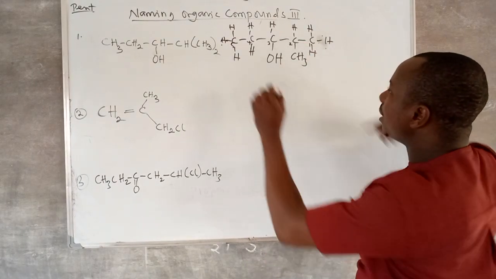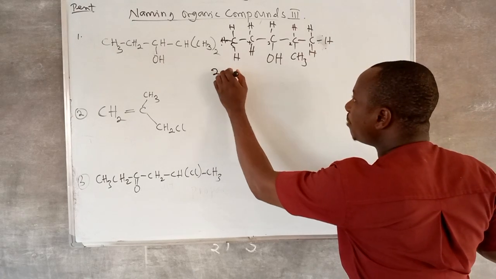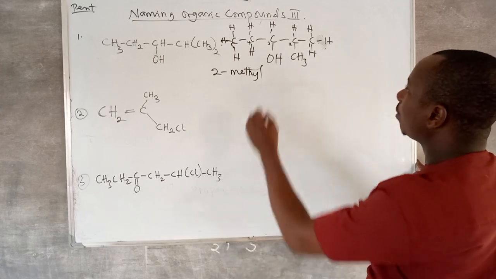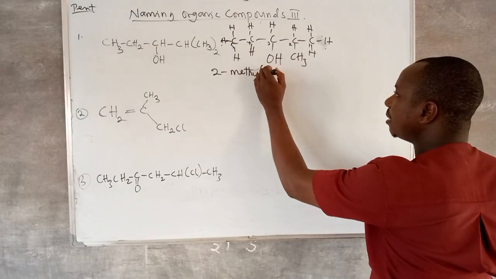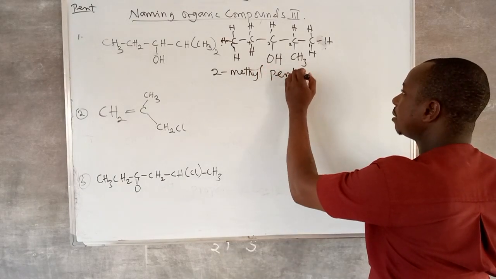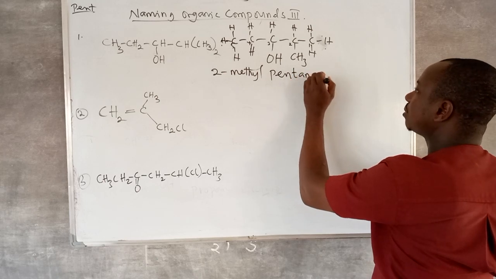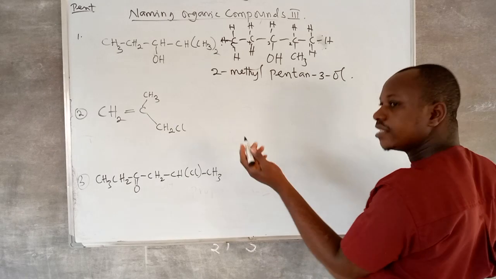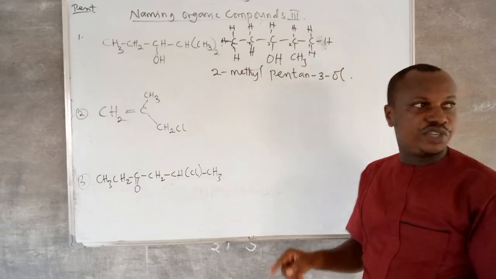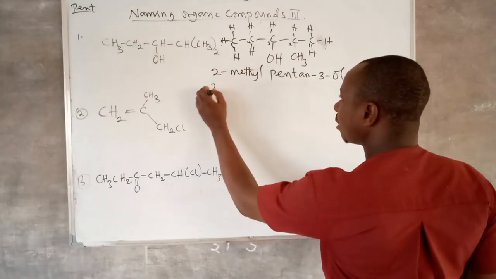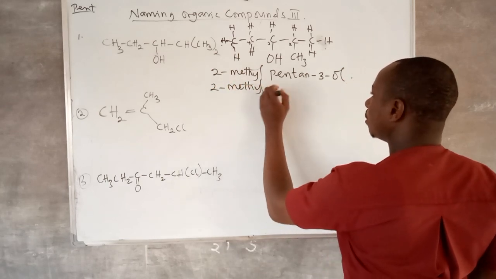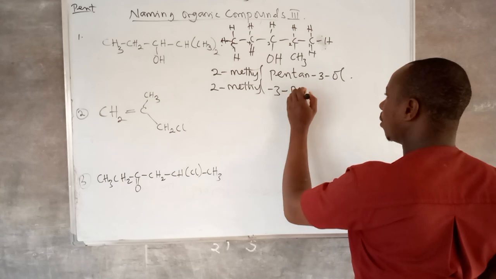So, you start from the substituent group, 2-methylpentan-3-ol. I always write 2 names in case this kind of thing comes out in the objective exam, you know what to do. It can also be written like this, 2-methyl-3-pentanol.